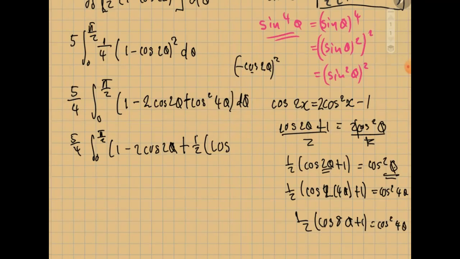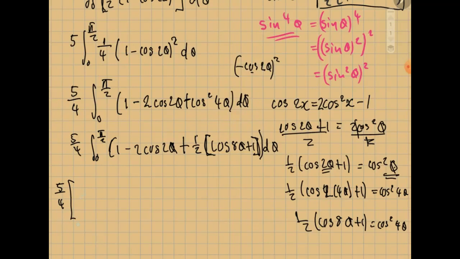So we've seen that it becomes half of cos 8 theta plus 1. And all this is with respect to theta, all of it. They are integrated. So here we can put small boxes, then our parentheses are for the main thing. Now, of course, we like to split. So 5 over 4, we multiply everything.